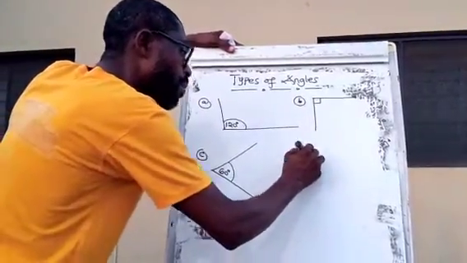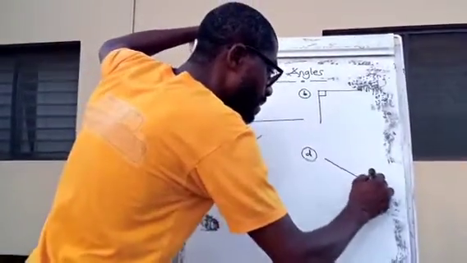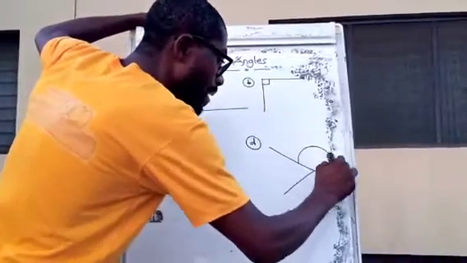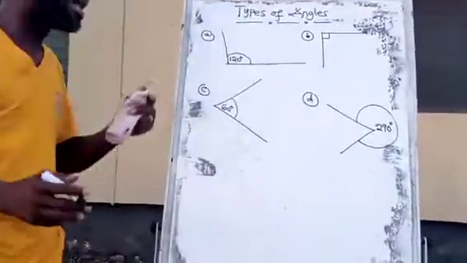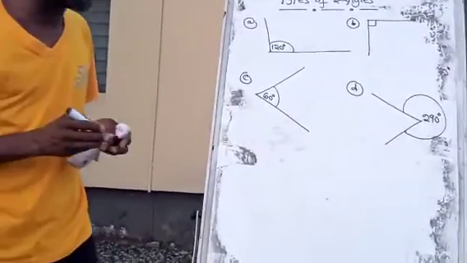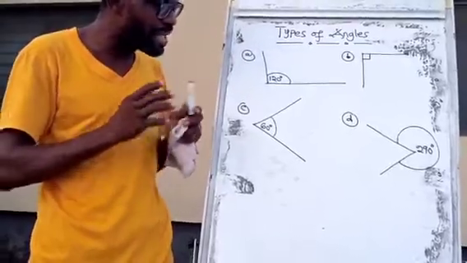D, we have an angle such as this. Then we have this put here as 290 degrees. Now these are a few that I want us to identify, the types of angles that we have for this diagram.